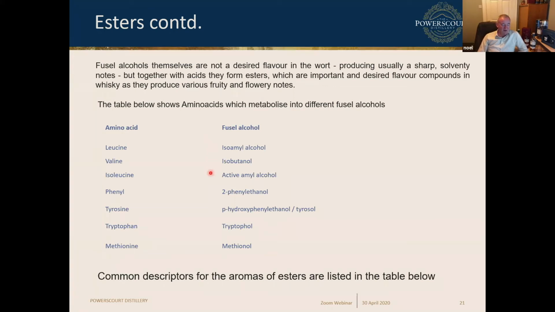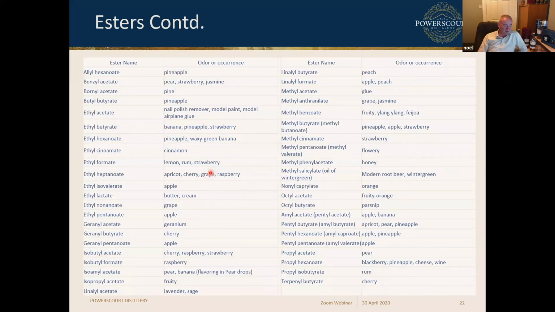So the other esters that are produced now, we're going to show you a list of these and the kind of flavors that they represent. So you have your odor in the second column and the fourth one, and the ester name to the left of that.